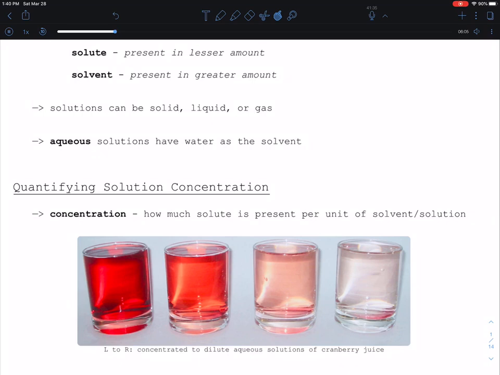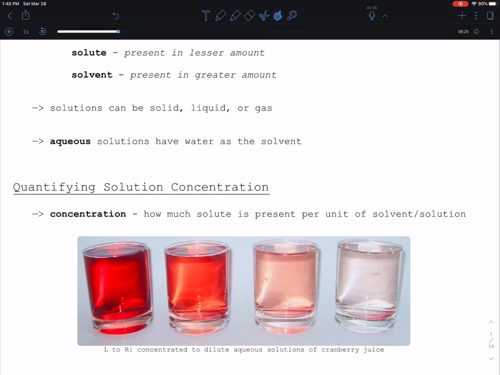So, for example, if I took a sample of cranberry juice from that glass on the far left and put it into the next glass over and then filled the glass the rest of the way with water, you wouldn't expect that the final solution would have the same saturation of redness, right? You'd expect it to be a little lighter.